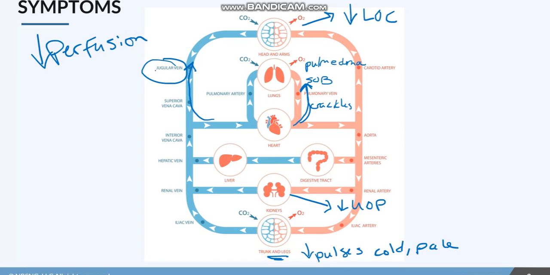We get this jugular vein distension, JVD, right? So back up into the body, back up into the lungs, decreased perfusion to the brain, the kidneys, the skin. All of those things are your signs of heart failure. And so with cardiogenic shock, it's like extreme heart failure. So keep that in mind as we go forward.